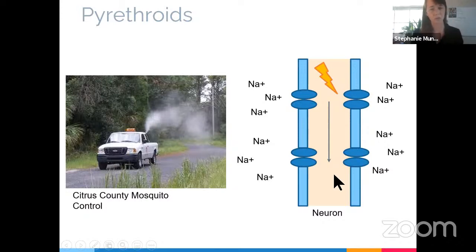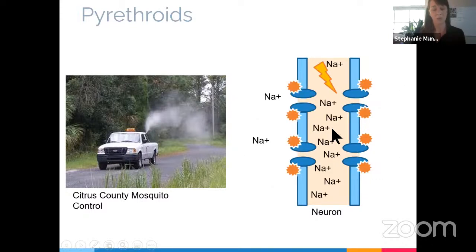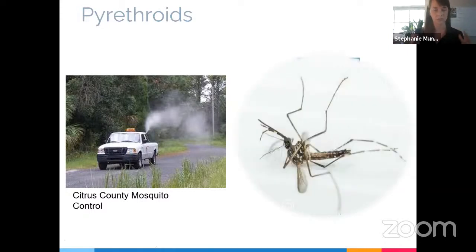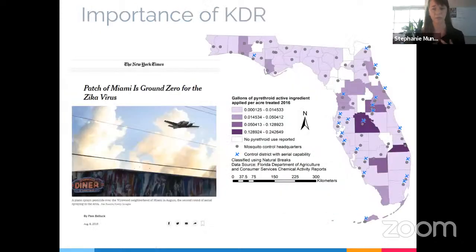When the mosquito gets exposed to the pyrethroid, it essentially serves to jam open these voltage gated sodium channels. And once that happens, you get positively charged sodium flooding the channel, and then you get some mosquito twitching and eventually mosquito death. While that's unfortunate for the mosquito, for people who are trying to prevent mosquito-borne disease, it's really the ideal scenario.